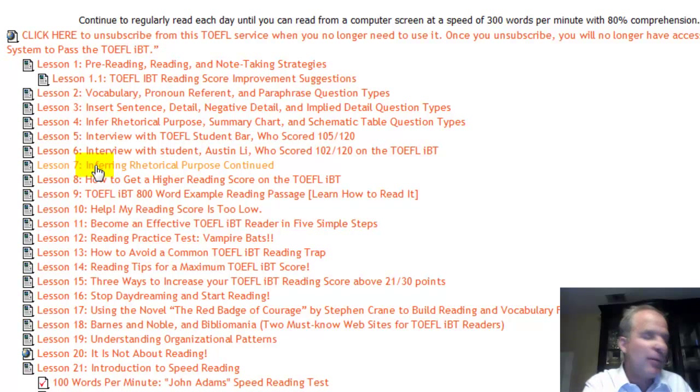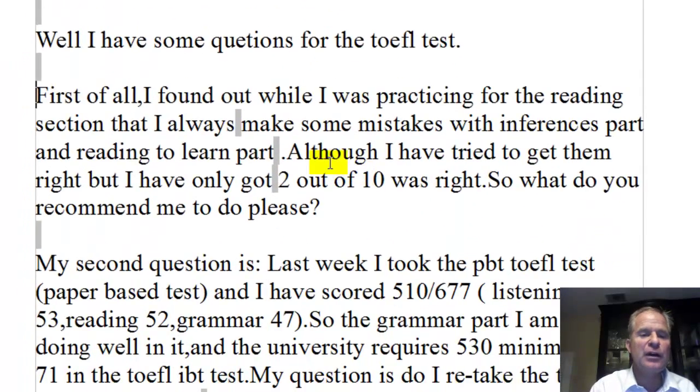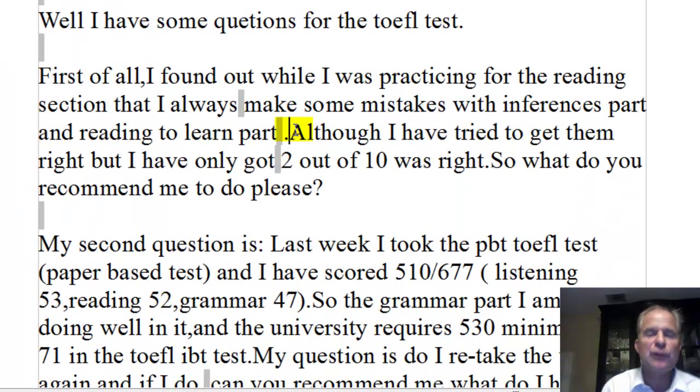The main thing to remember is, with an inference question, Kelly, you don't have to pull the answer out of thin air, but you also have to know that the answer to an implied detail question is not directly stated in the reading passage. So what you want to do is look at the question, and you'll see something like, what is probably true, what does the writer imply about, or what can be inferred from.